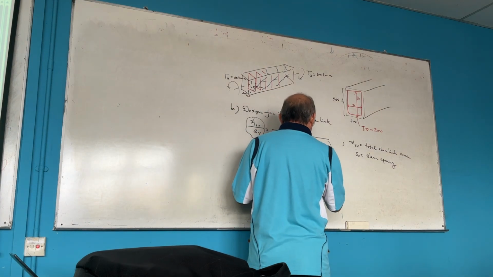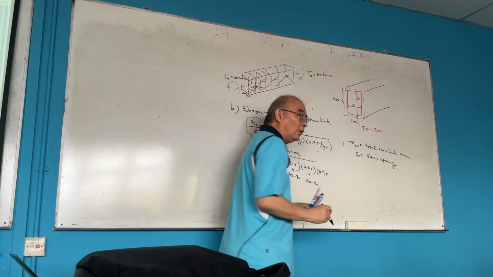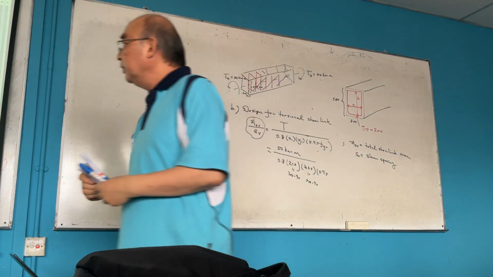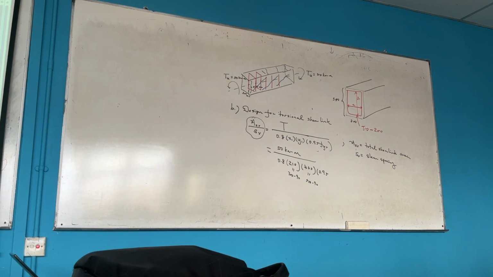And here is 0.95 f sub yv. So in the British code, there are two types of steel. Here I give you the fyv is 460, and I also give you the fcu, the cube strength, is 30 MPa.